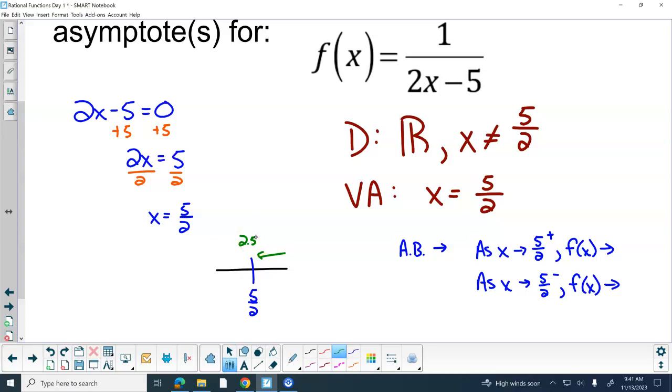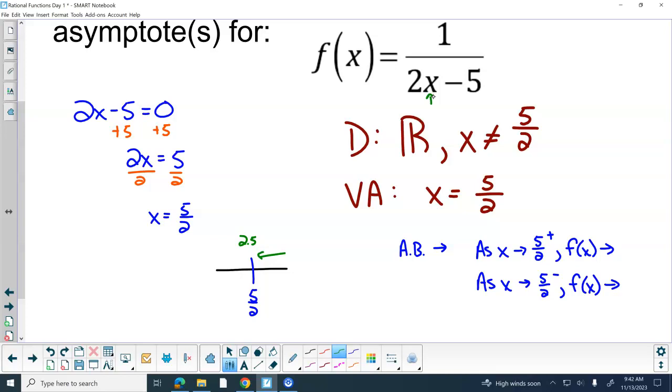2.6, great one. Okay? So if I put 2.6 back into my function, 2 times 2.6 is 5.2. 5.2 minus 5 is 0.2. 1 divided by positive 0.2 is 5, right?